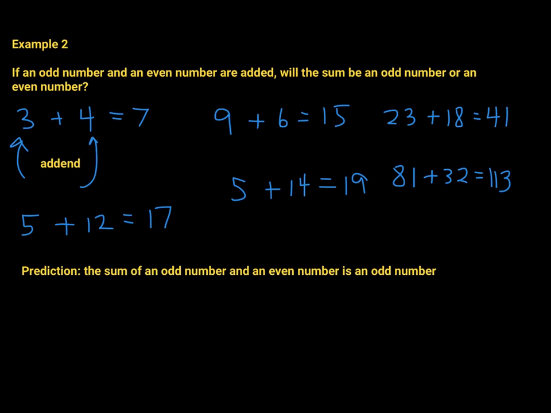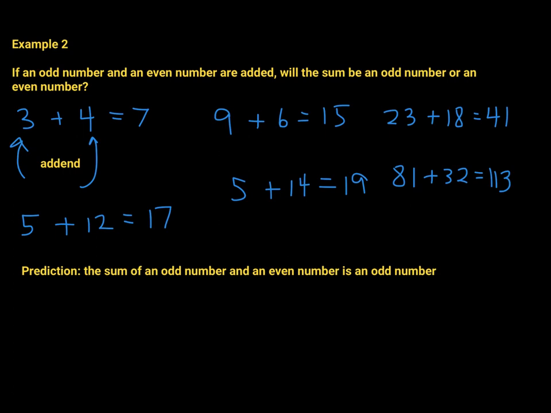Once again, this is an example, as was example 1, of where we make a conclusion or a prediction that the results we're finding are true for all counting numbers. So we're looking at a pattern, and then we're making a prediction that this pattern will hold. This pattern will be true for all counting numbers.